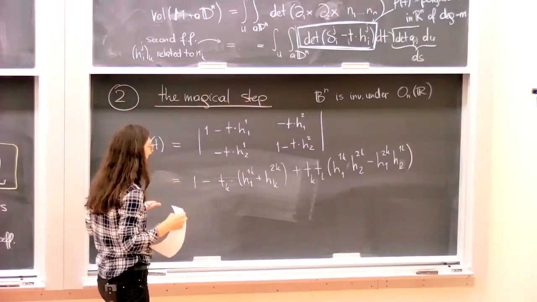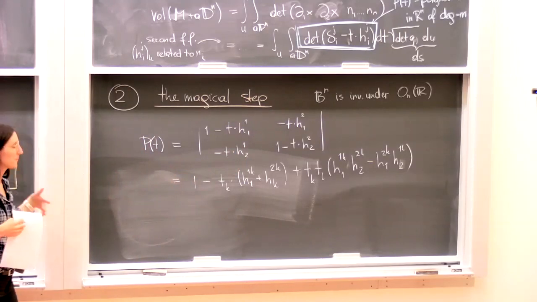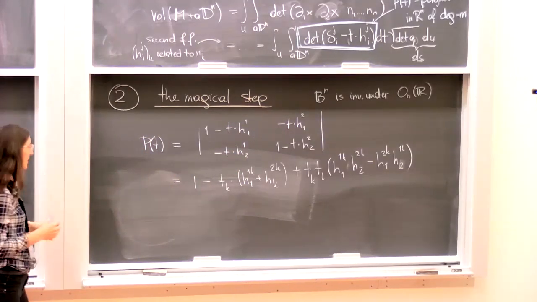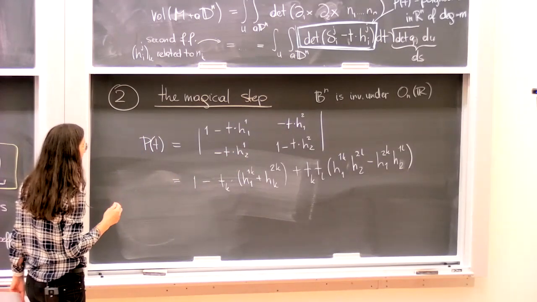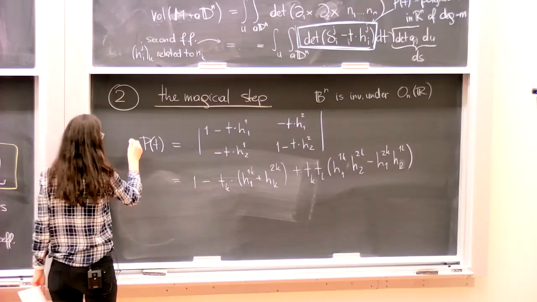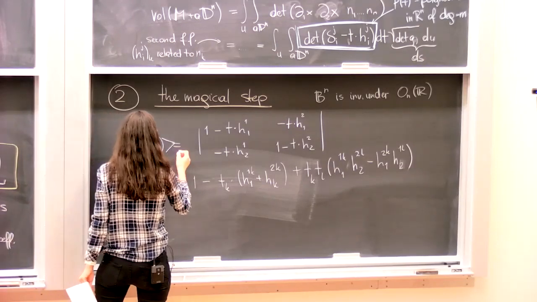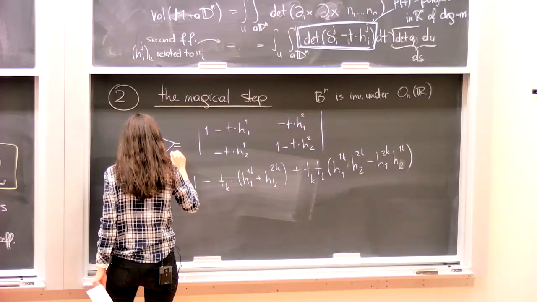But instead, I could just average the polynomial over the group, and this is what we're going to do now to make it a little bit simpler. And I'm just going to write the average like that here now.